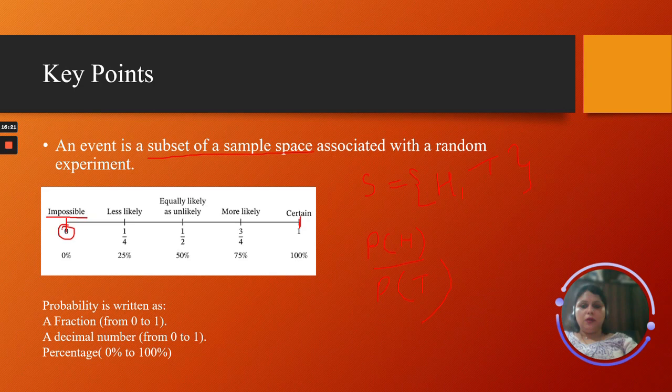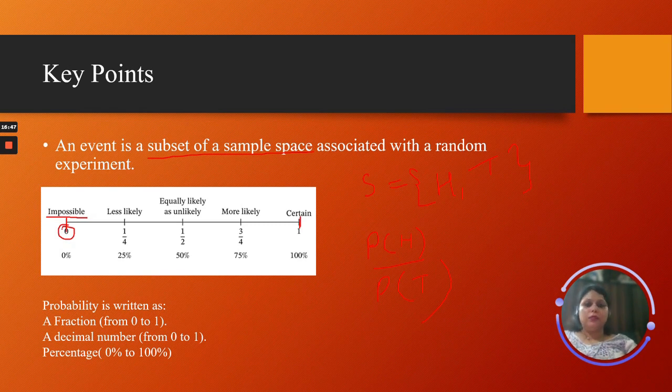So I'm not going to get 7 no matter what, right? When you throw 6-sided die numbered 1 to 6, there is no chance that I'm going to get 7. So that kind of event is your impossible event, and the value of that probability is 0.